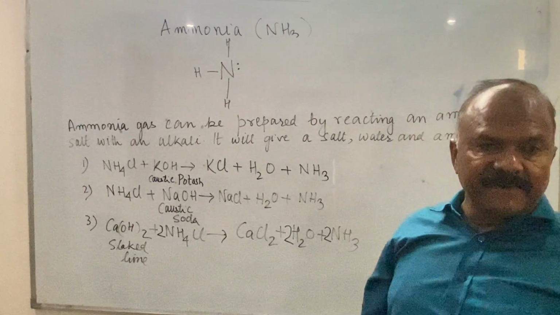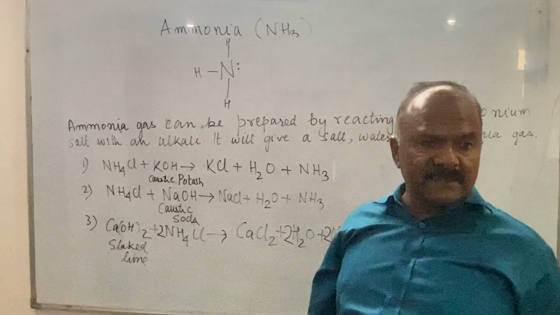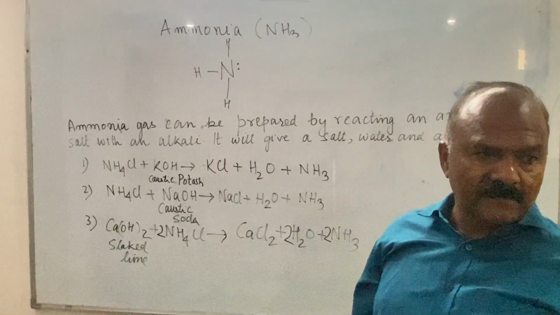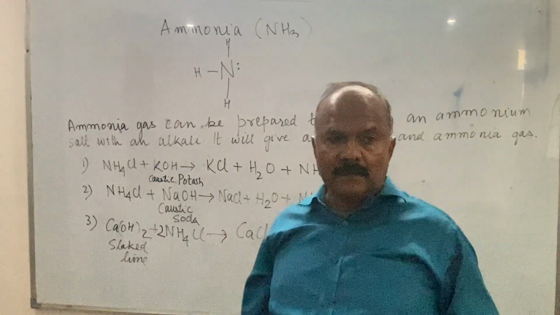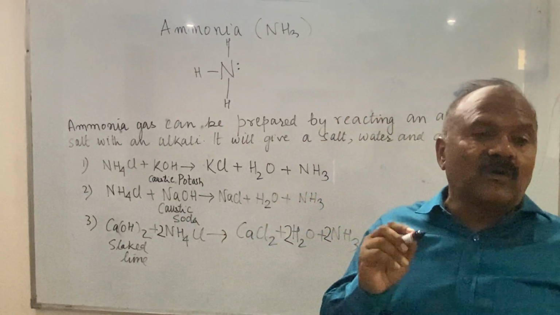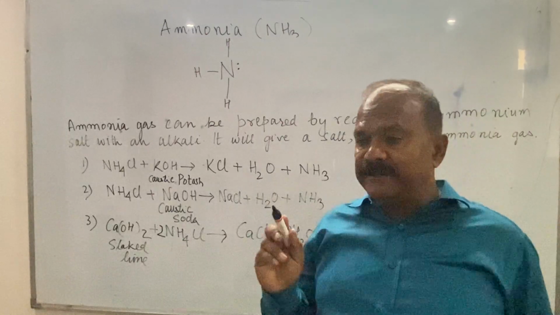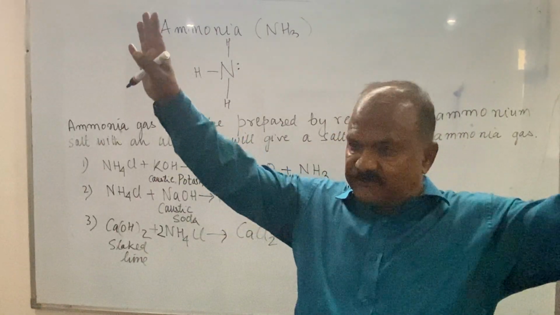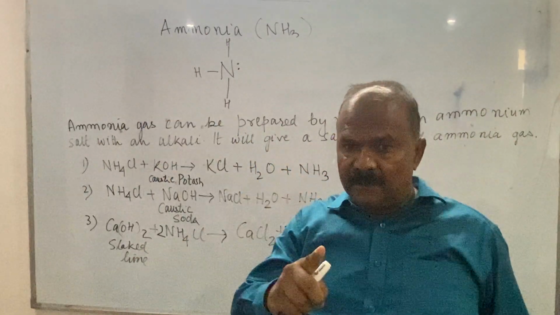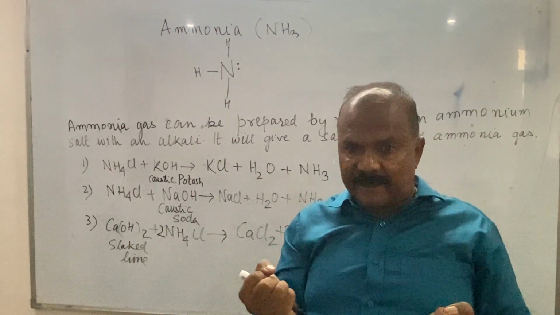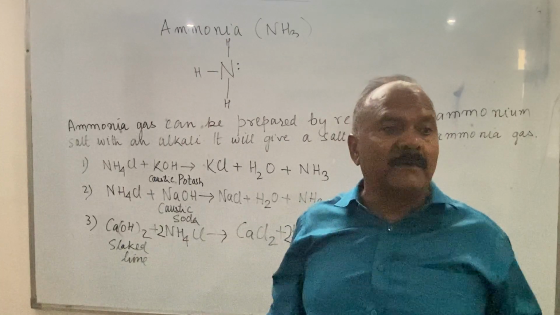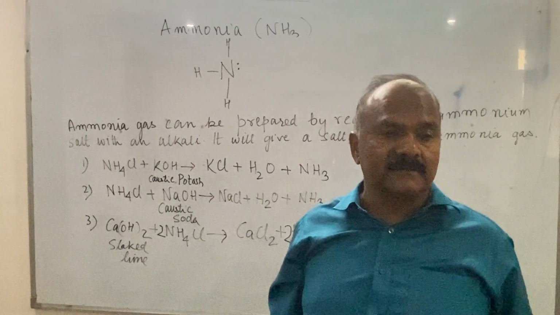You know what deliquescent means? Deliquescent means these are water soluble salts which, when exposed to the atmosphere, will absorb moisture from the atmosphere and dissolve in it to form a saturated solution. Remember that.